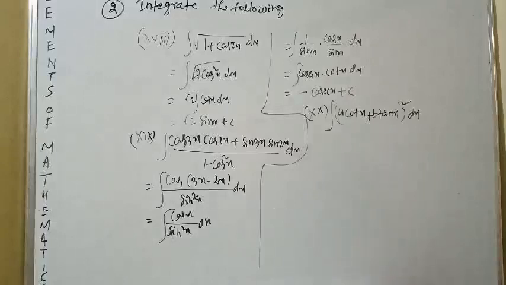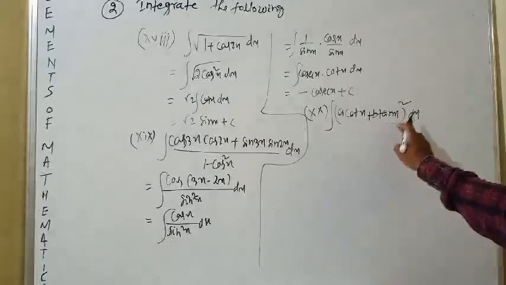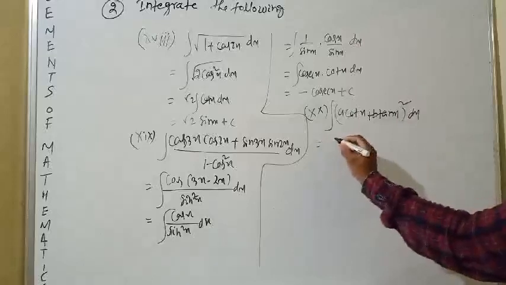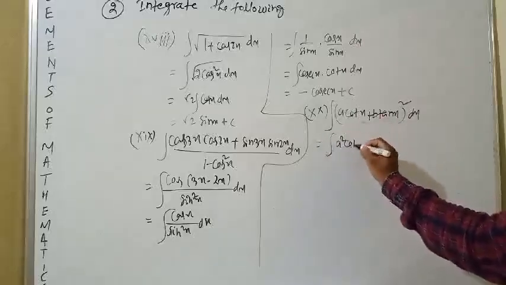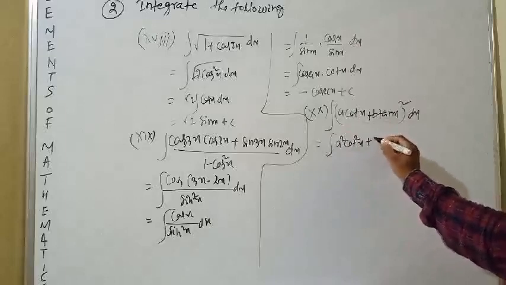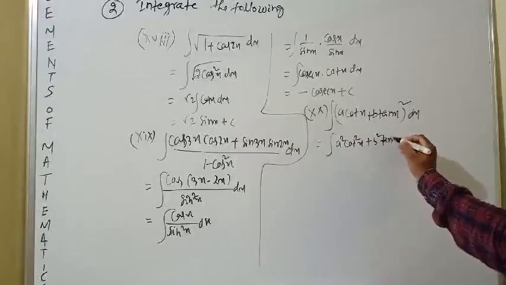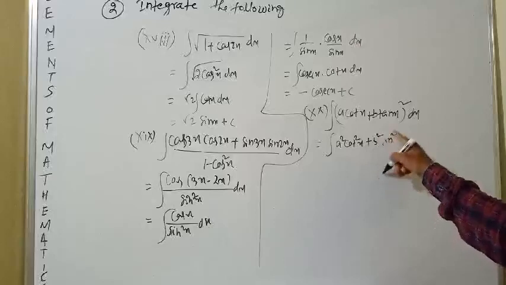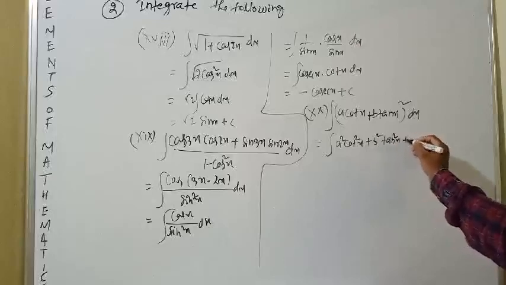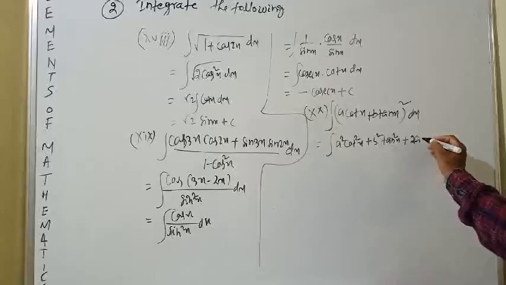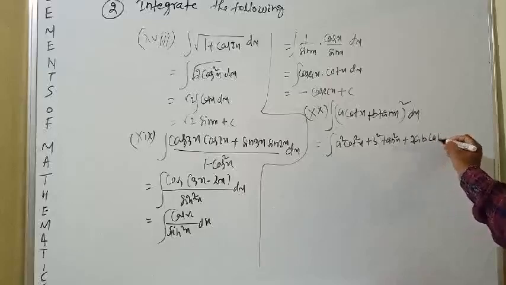You see the next problem, a cot x plus b tan x whole square dx is equal to, you see this is a plus b whole square, that is a square cot square x plus b square tan square x plus 2ab cot x into tan x dx.